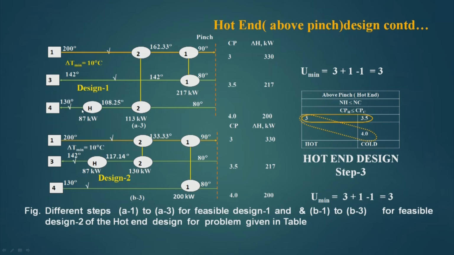How do I check it? 87 kilowatt divided by 4 is 21.75 plus 108.25 comes out to be 130. So, the heat balance is okay and this is ticked off.